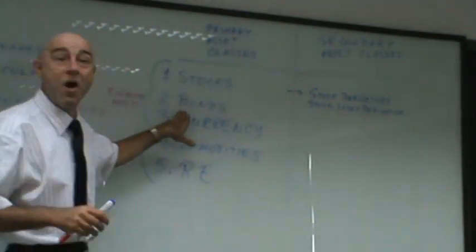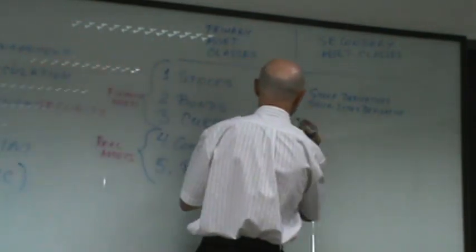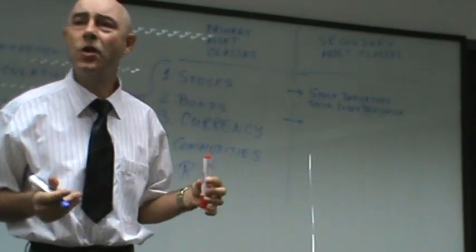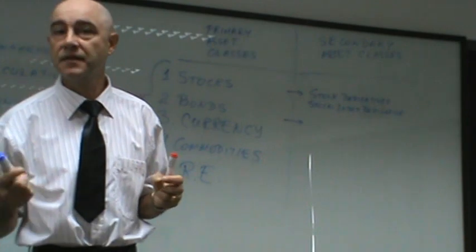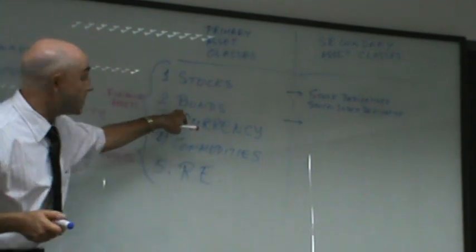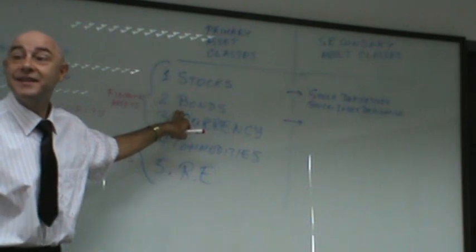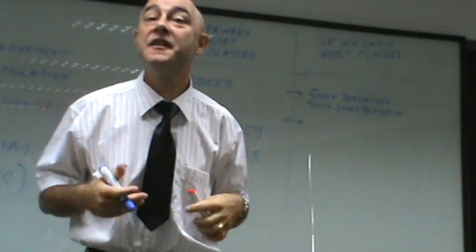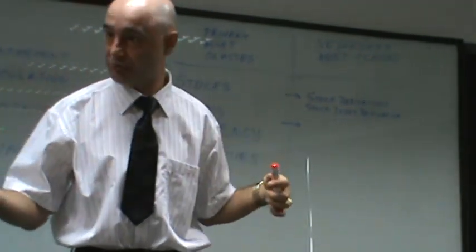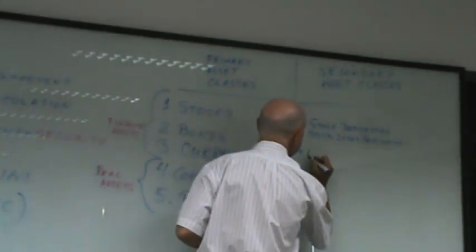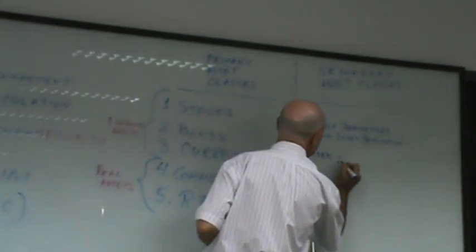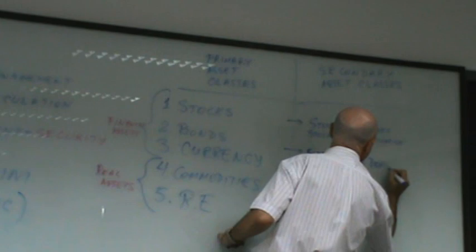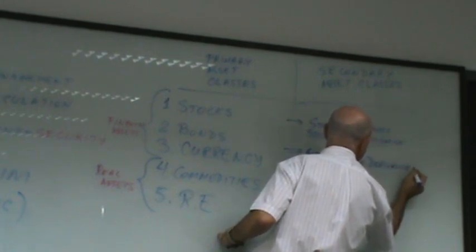Next, bonds. Bonds have a derivative. What do we call bond derivatives? In finance, we call bonds fixed income securities, and these become fixed income derivatives.